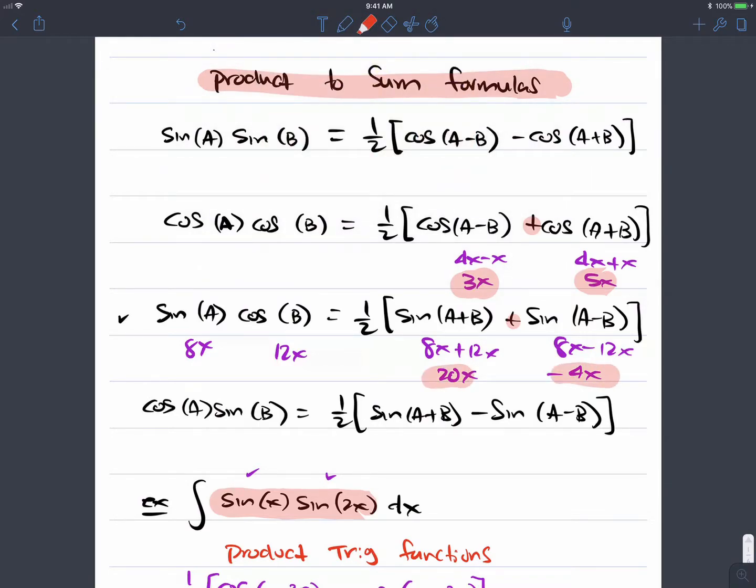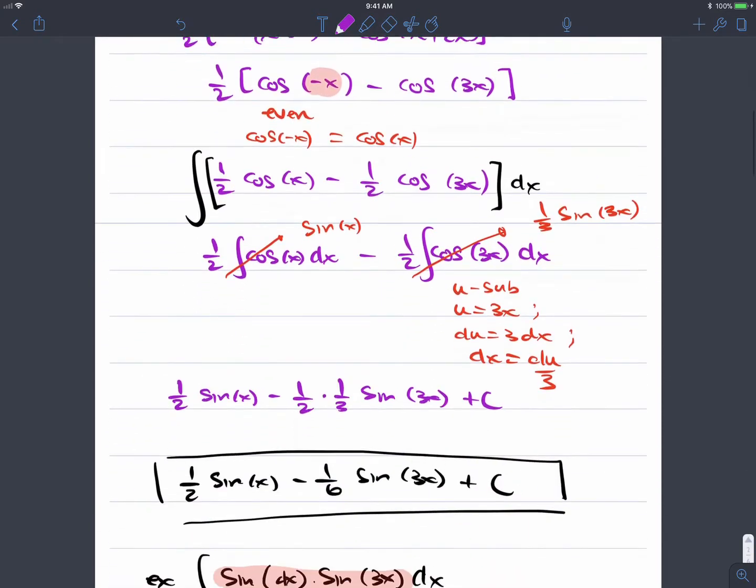We're going to talk about what this means here. So let's go back and erase these here. It's not used anymore. Sine 8x cosine 12x gives you 1/2 sine 20x plus sine negative 4x. So 1/2 sine 20x plus sine negative 4x.